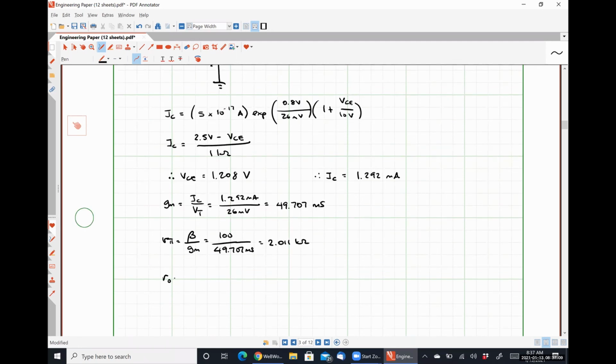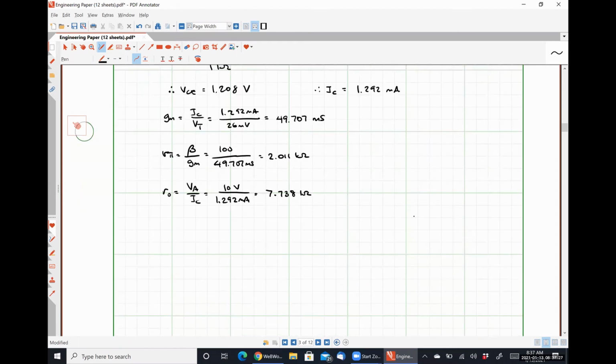And r_o is VA over IC, 10 volts divided by 1.292 milliamps, which gives us 7.738 kilo ohms.